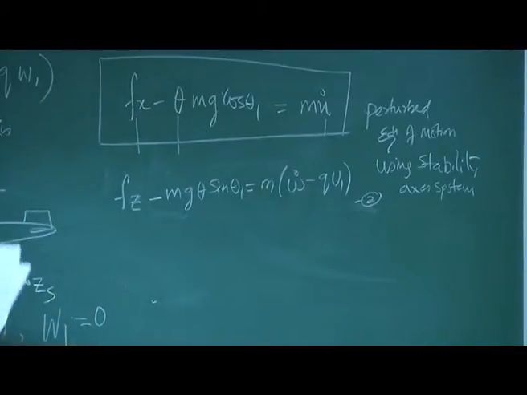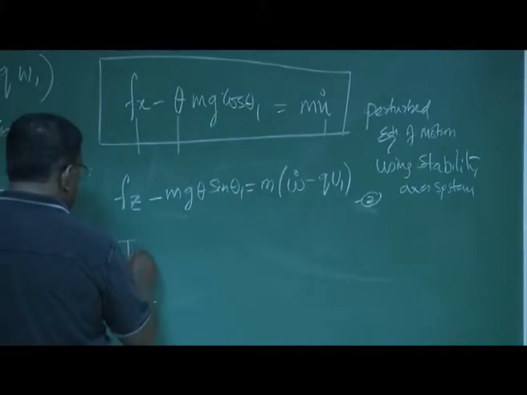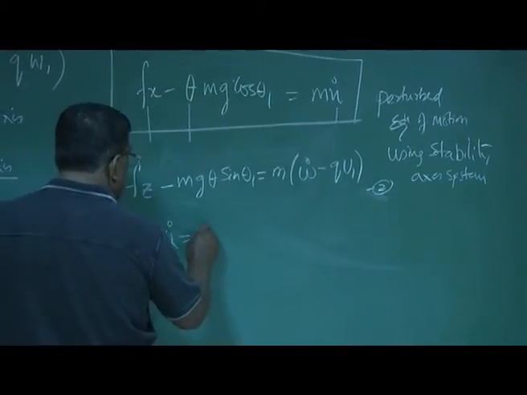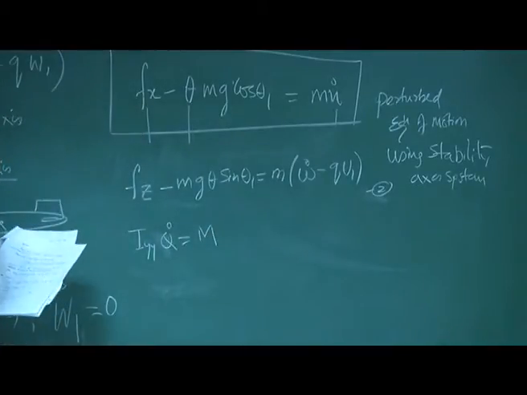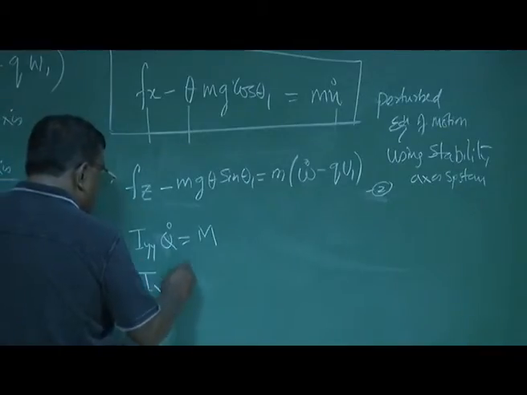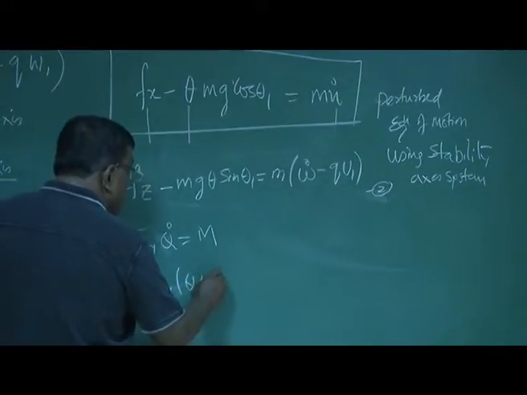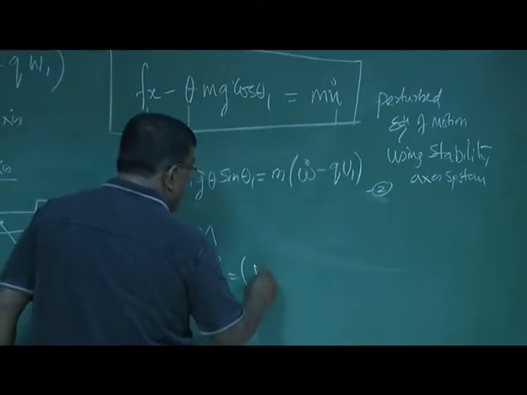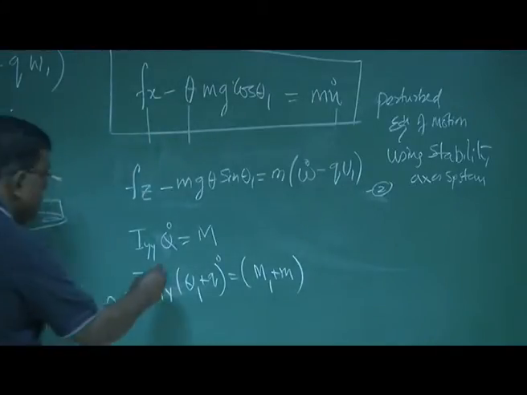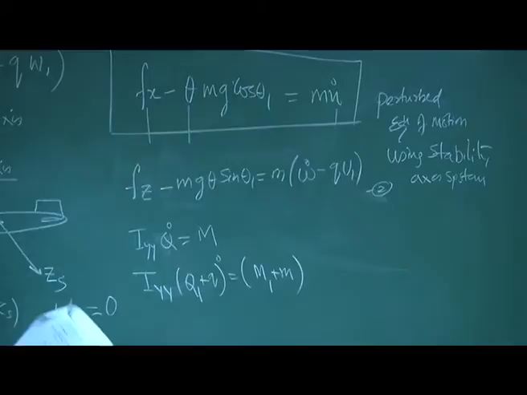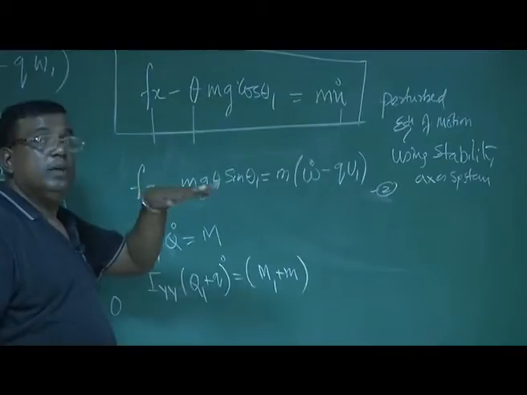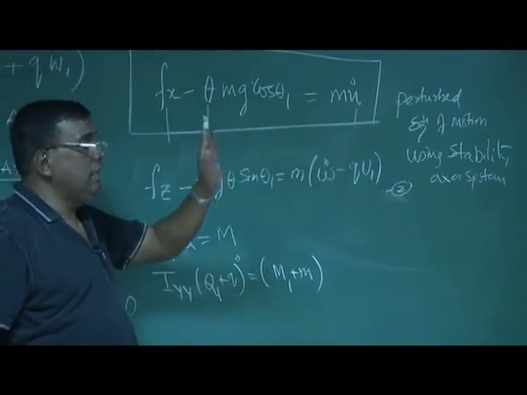Similarly, the third equation, the pitching equation, is I_yy q dot equal to m, the pitching moment. This I can write as I_yy (q1 plus q dot) equal to m1 plus m. What is q1? It is the pitch rate at steady state, but at steady state q is 0, because the airplane is flying straight, with no pitch rate.